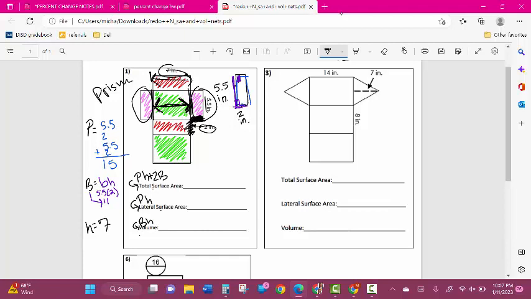Okay. Now that I have all of the numbers, this is really just a typing fest. We're going to plug in our formulas, pH plus 2B, pH, and BH, and then it's just a bunch of typing on our calculator.